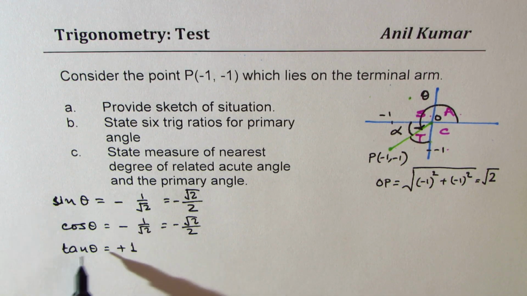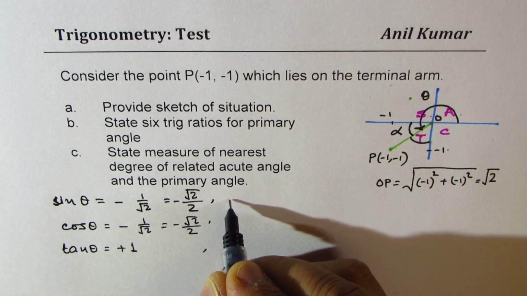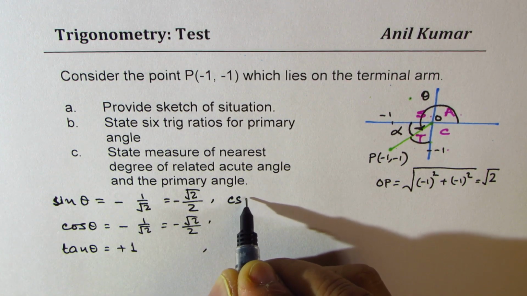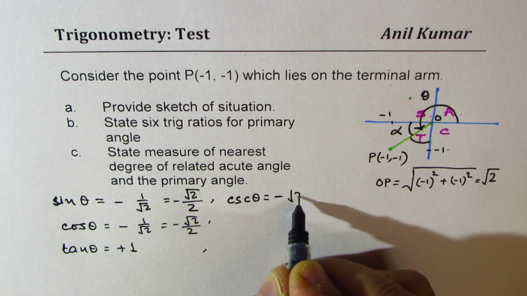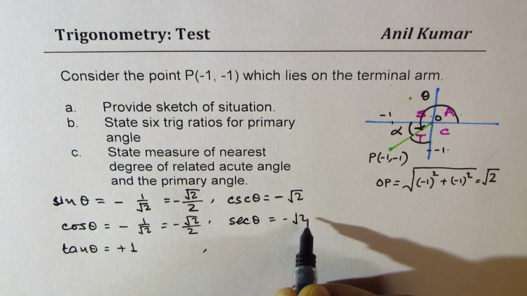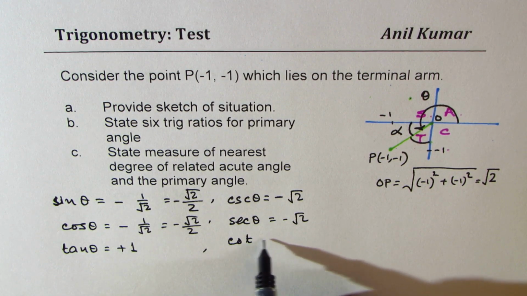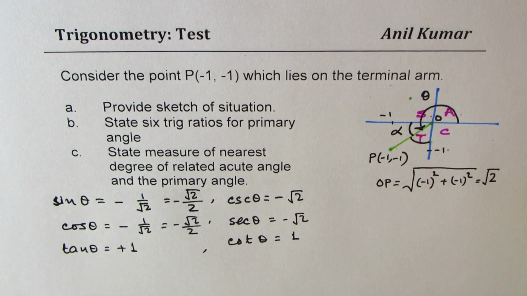Now the reciprocal ratios will be: cosecant theta equals negative square root 2, secant theta negative square root 2, cot theta will be 1, reciprocal of 1, right?